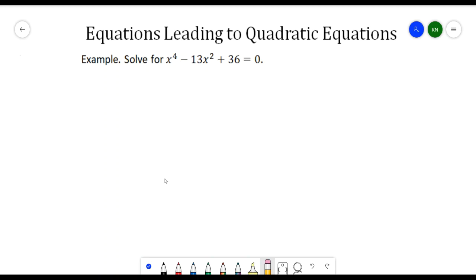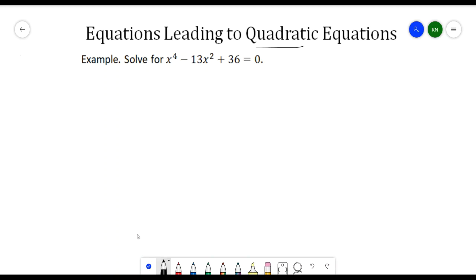As you can see, class, this is not a quadratic equation yet because the highest exponent is 4, while for a quadratic equation we just need the highest exponent to be 2. But as you can see, we can still solve this one because we can try to find a way to transform this equation into a quadratic equation.